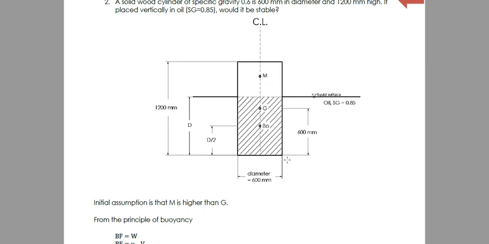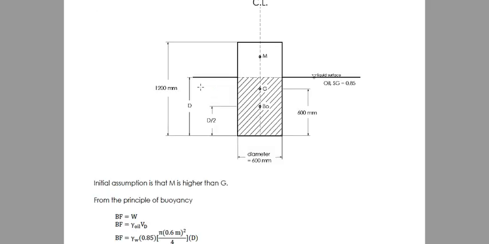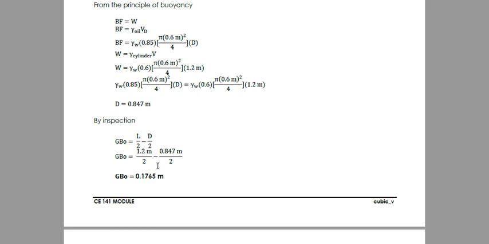So G is equal to, if this is 1,200, divided by 2, that is 600 millimeters. So basically, to solve for GBO, that's G, or 600 millimeters minus D over 2. Ayan. So by inspection, GBO is equal to L over 2 minus D over 2. So L over 2, 1,200 over 2, which is 600, minus D over 2, D na solving kanina. Okay? So GBO is equal to 0.1765 meters.